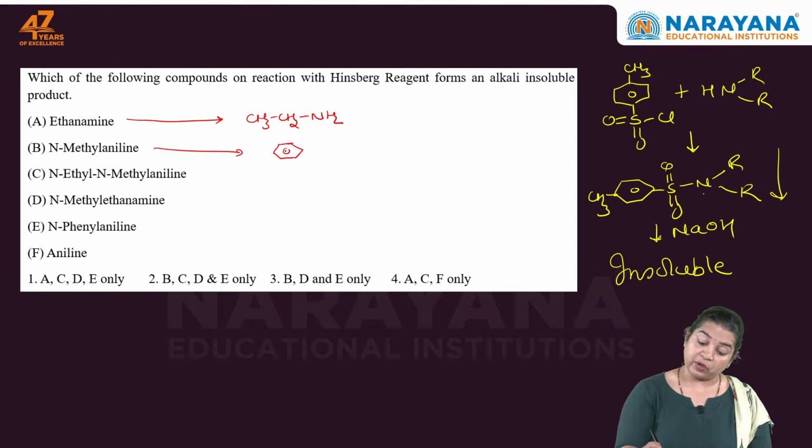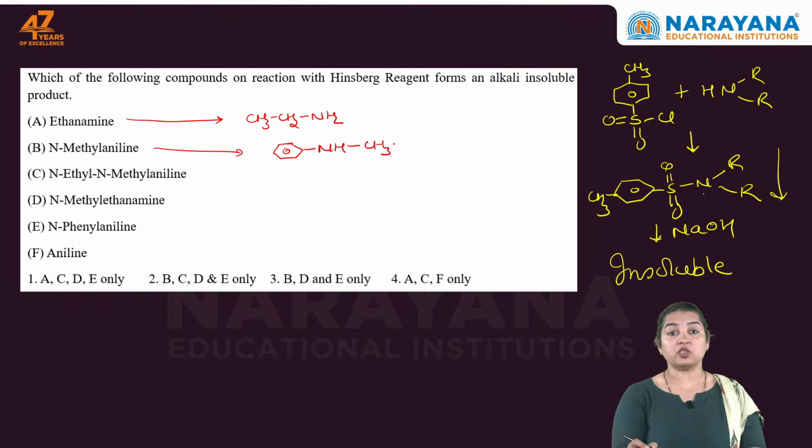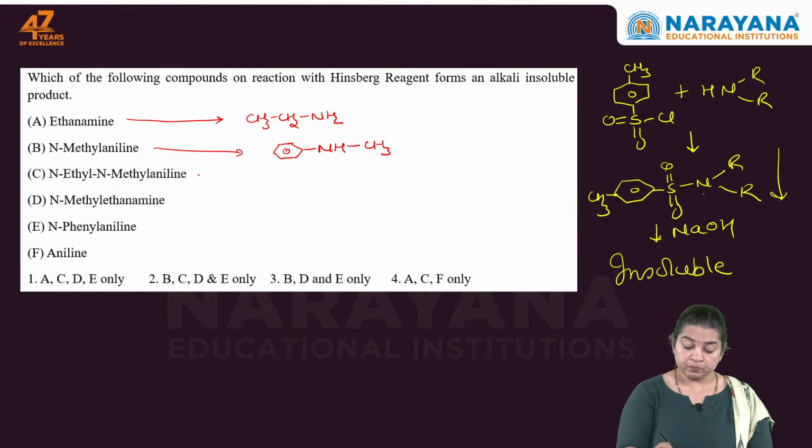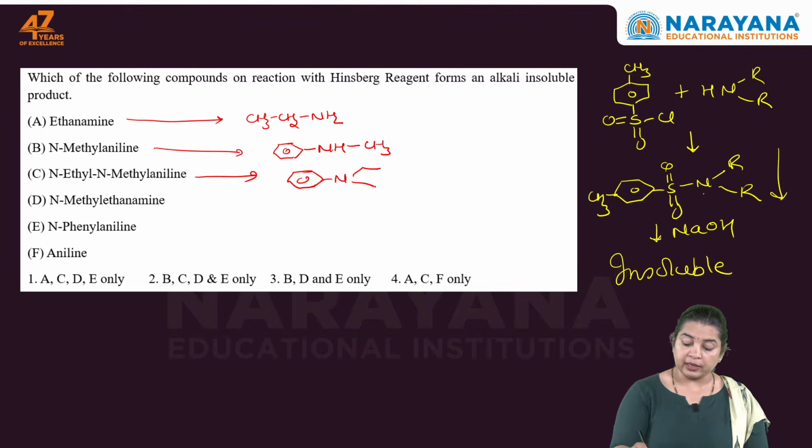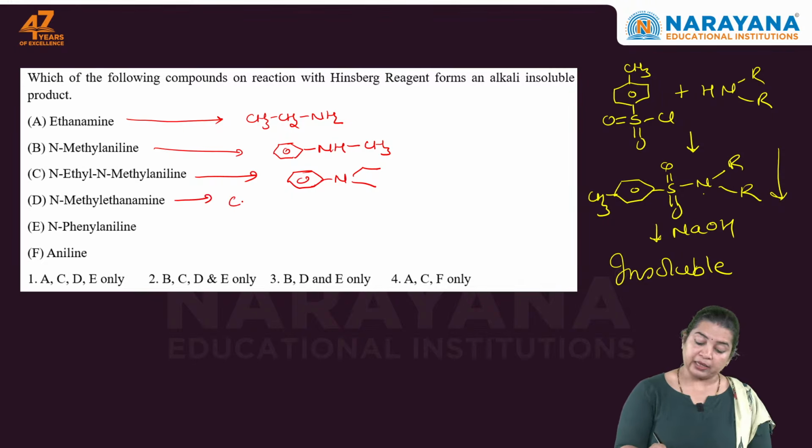N-methyl aniline, again, one more concept. They also want to check that you handle IUPAC nomenclature correctly. N-ethyl, N-methyl aniline. N-methyl ethanamine, CH3CH2NHCH3.